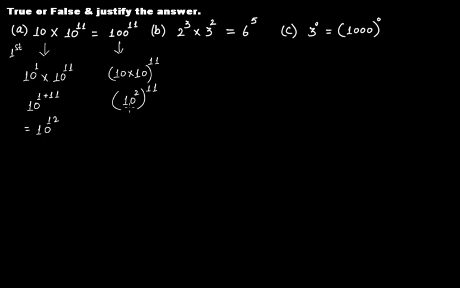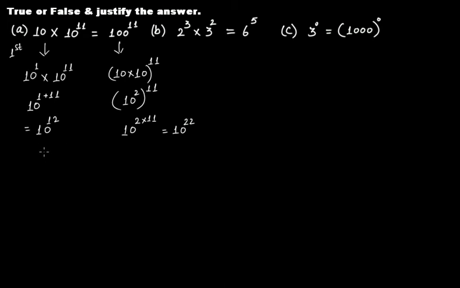This is the case of the third law of exponents, which says that if a power is raised to a power, you write the base and multiply the exponents. So this becomes 10 to the 22nd power.